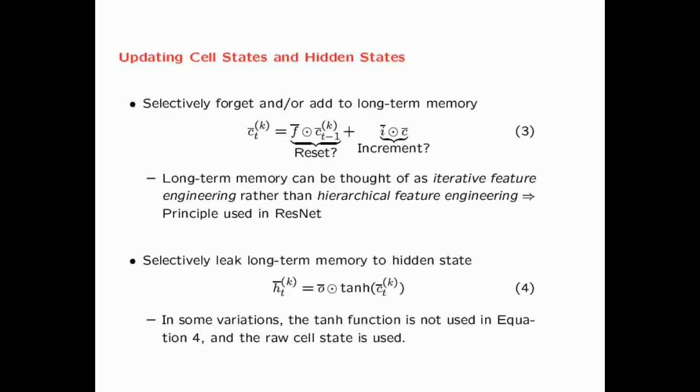Now the other point is that in some variations you don't actually even use the tanh function. So you just use the raw cell state and you multiply it with the set of output gates. So in that case, the short-term memory is even closer to the cell states. So if the cell states are stable, generally the short-term memory will also be quite stable.